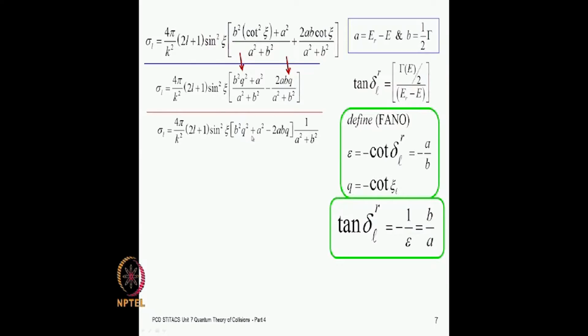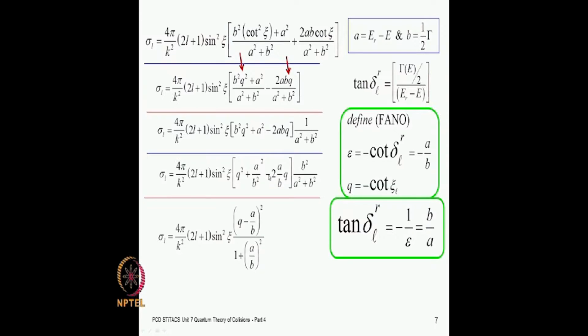So you rewrite this term with a square plus b square as common. You have got three terms, and these are the three terms. So now you have b square, you factor out from this, so you get only q square in this term, and then a square over b square, and then since b square has been factored out, you get 1 over b, so this becomes minus twice a over b q.